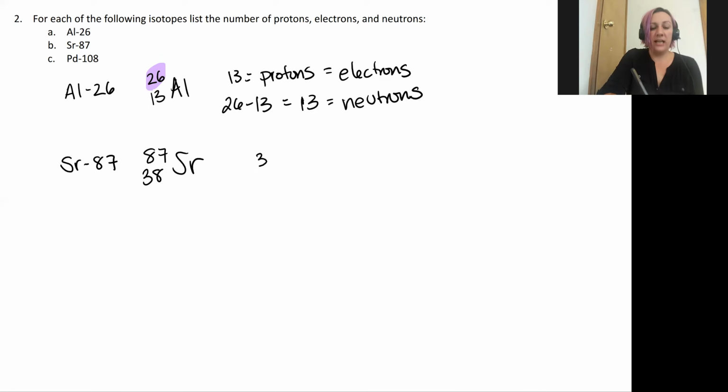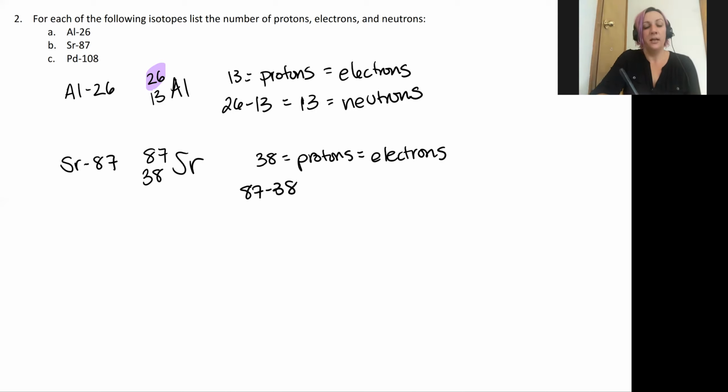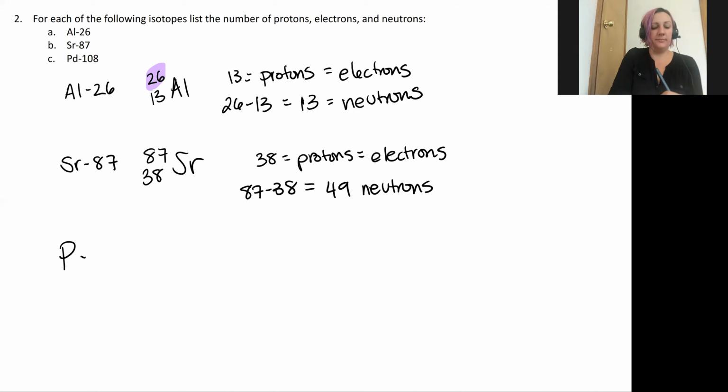So that 38 corresponds to the number of protons and the number of electrons because it's neutral. We're not told it's charged. And then the number of neutrons is going to be equal to 87 minus the atomic number of 38, which will give me a value of 49 neutrons. All right, palladium-108.